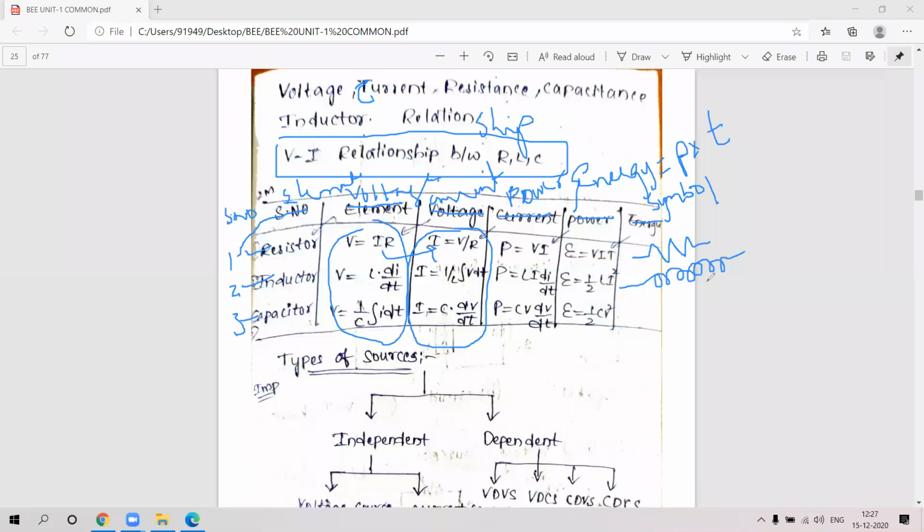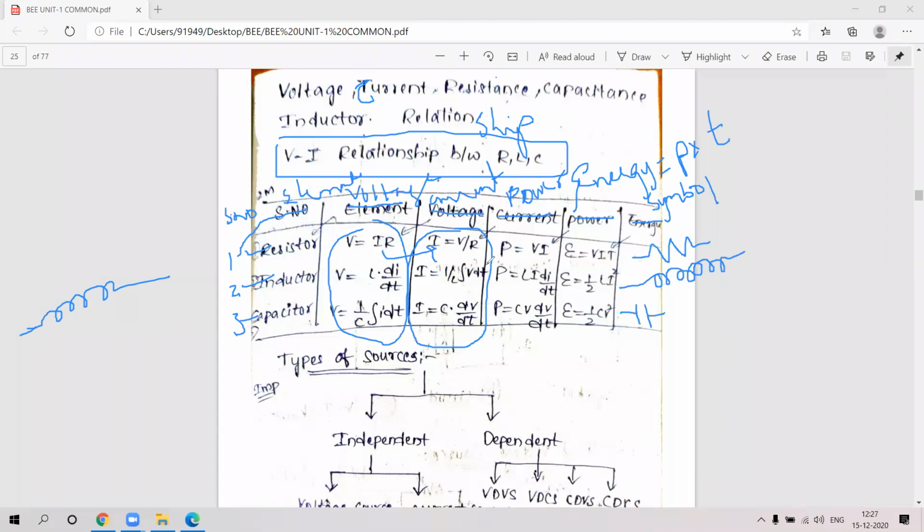I am drawing with mouse, so it is not neat. Coil, you know coil diagram? Draw it neatly. And what about capacitor? Two parallel plates will be there. Okay, that is the symbol.